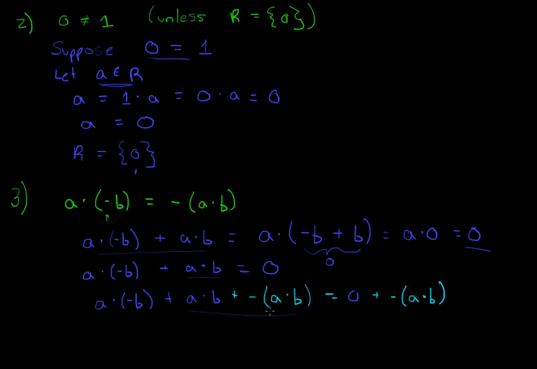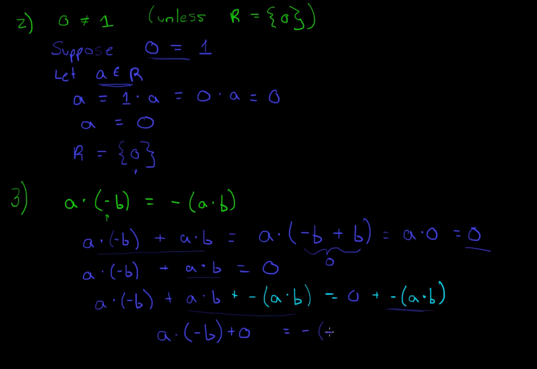This thing, I've taken an element, added its additive inverse to it. So this is just 0, the additive identity. We still have this a times negative b here. Negative b plus 0 is equal to, and 0 plus anything is just that anything, so we're just left with this.